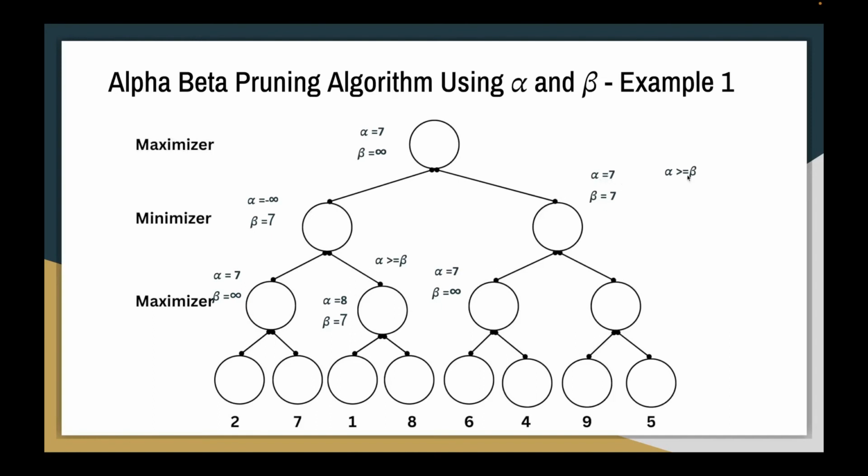Alpha is greater than or equal to beta, so the next node will not be evaluated. This entire node will be pruned. By seeing this, you can understand the maximizer will choose the path which goes towards 7, so the maximizer will move its position from here to here.